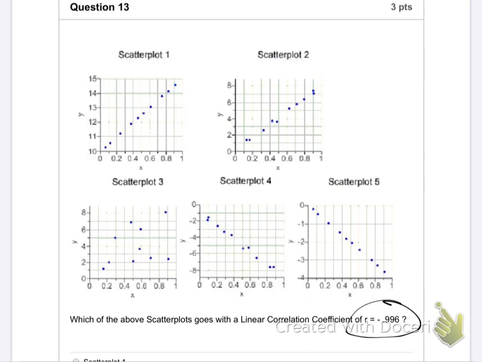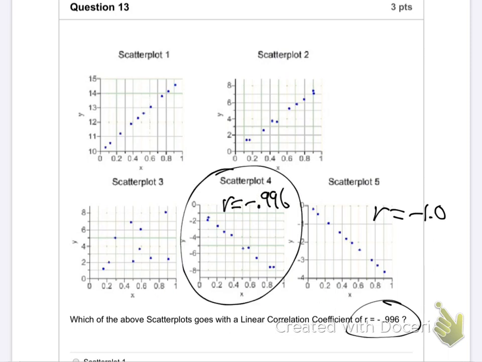Yeah, it's the one that's negative, so it's going down, right? So it's not 1 or 2, they're going up. And it's not down perfect. This one would be negative 1.0. This is ours, right here, number 4, huh? Because it's negative, it's down, and it's not quite perfect, but it's almost perfect.